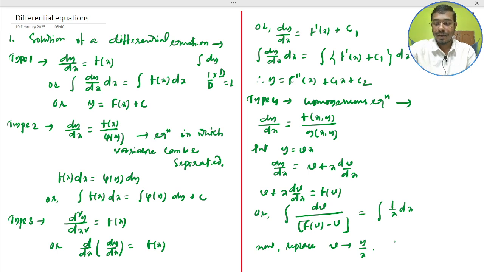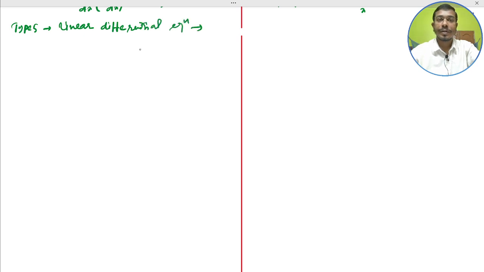Next, the very important linear differential equation, type 5. The linear differential equation is in the form dy/dx + Py = Q, where P and Q are constants or functions of x only.